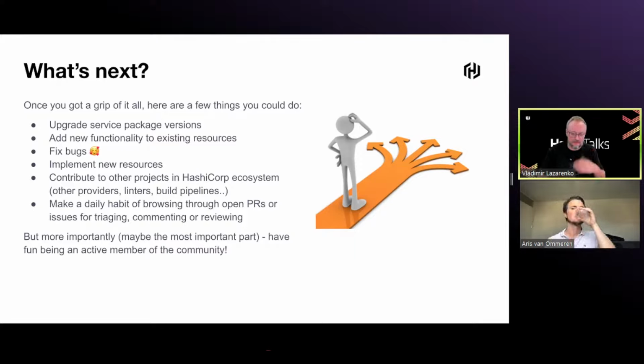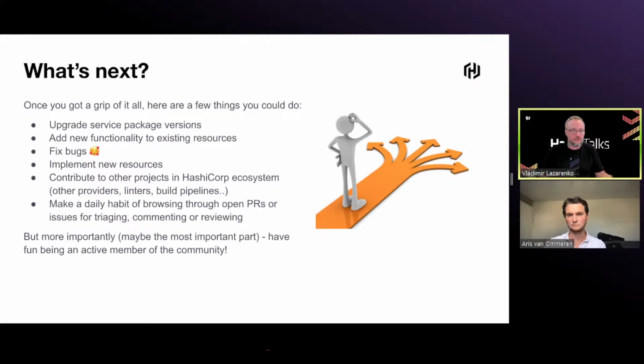Basically, they release a new version of a particular service package every so often. And upgrading the service package version doesn't mean that you need to implement everything new that service package brings with it, but it allows other people to actually work on that.